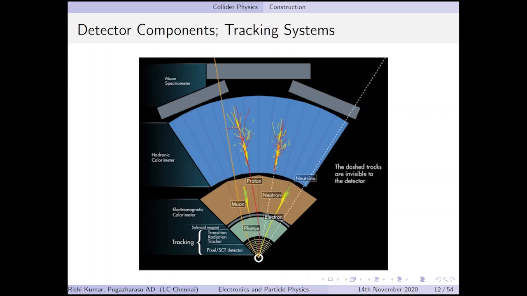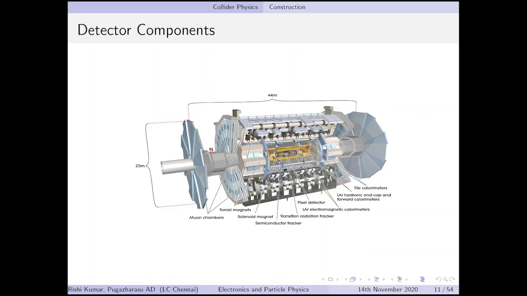What makes the tracker especially useful is that it is embedded in a solenoidal magnetic field, as we saw previously. The solenoidal field points parallel to the proton beam. The charged particles' trajectories are affected by the magnitude of their charge and momentum p.